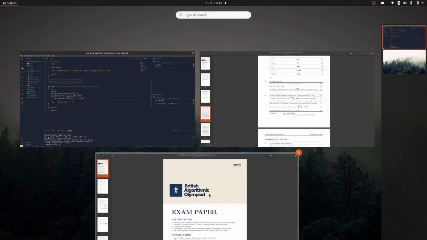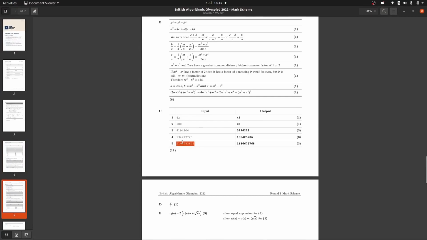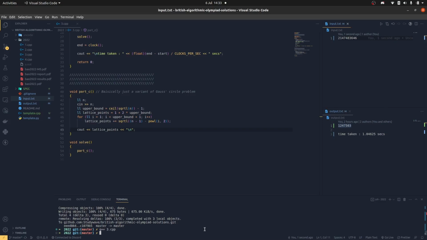So if we actually go to the mark scheme, and let's just get the last input case, and we put it in, and then we compile, so we can say g++ 3.cpp, and then a.out.